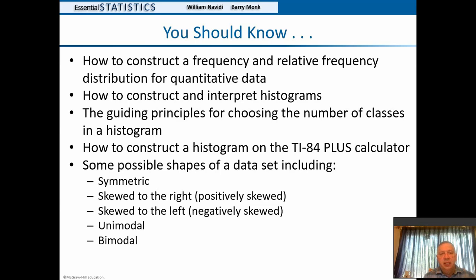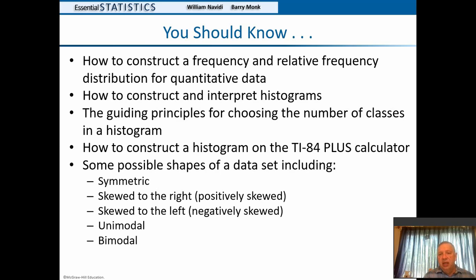Excel is the best way to do those things. You can do them by hand, certainly, but if the data set is large, it's going to get pretty unwieldy. The guiding principles for choosing the number of classes in a histogram give us something that we can actually visualize where the data lies, and it's not overly bland.